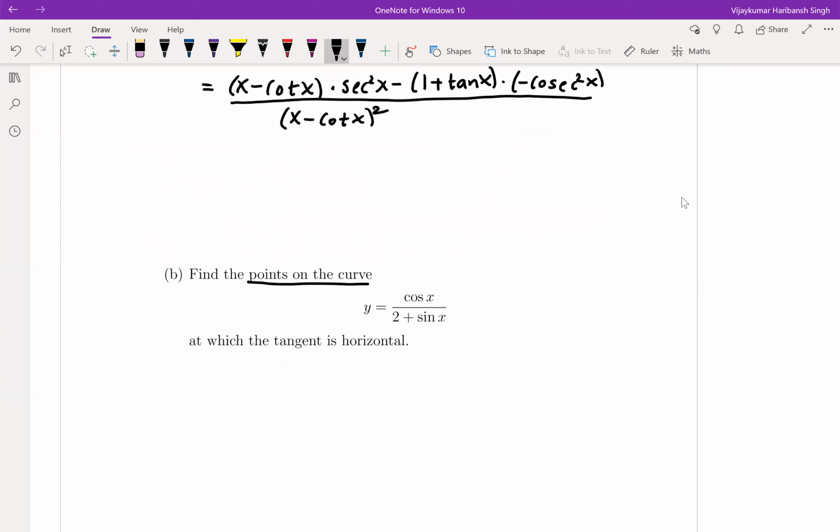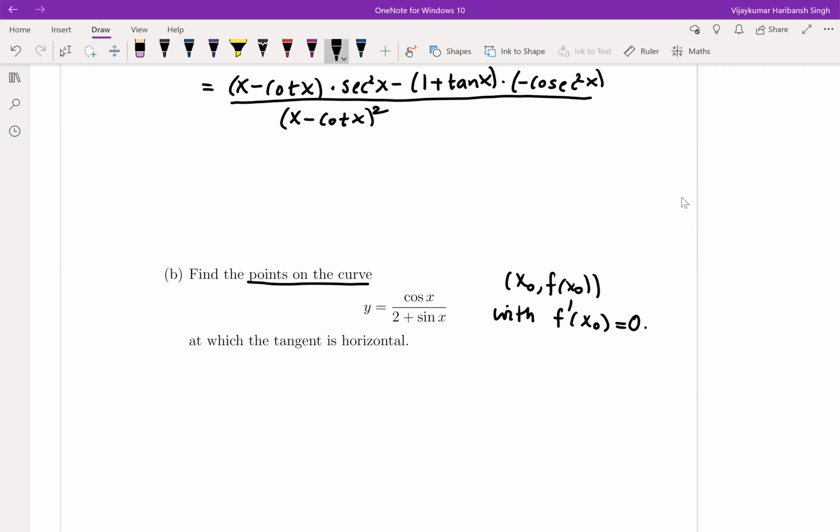Points on the curve look like x naught, f of x naught, because points on the curve will have both x values and y values. And you want the tangent line to be horizontal, which means the derivative is 0, because the derivative is the slope of the tangent line. So we want f prime of x equals 0.